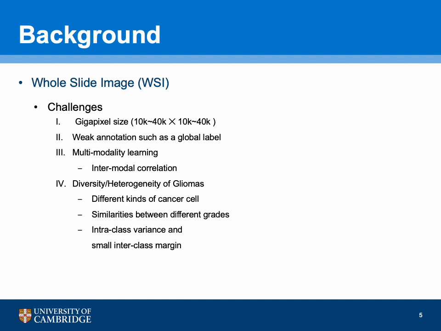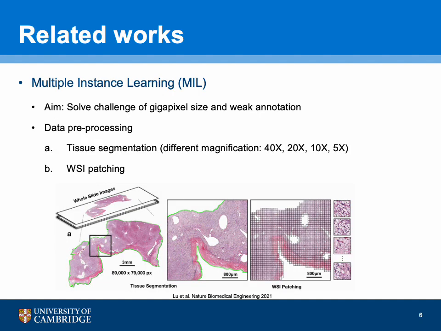So, how to achieve multi-modality learning is a challenging question as well. Moreover, because of the heterogeneity of glioma, we need to decrease the intra-class variance and increase the inter-class margin.